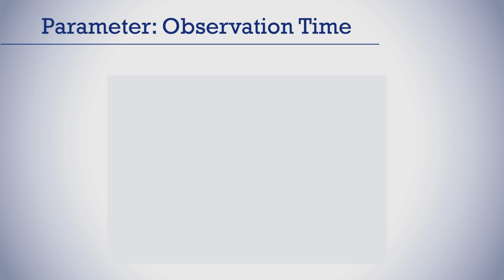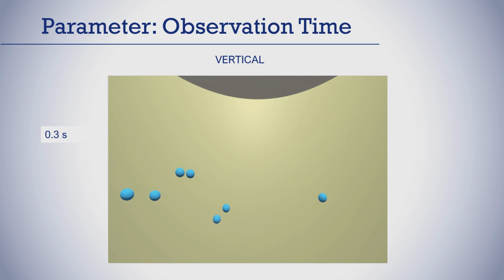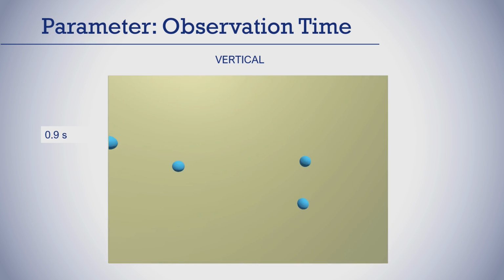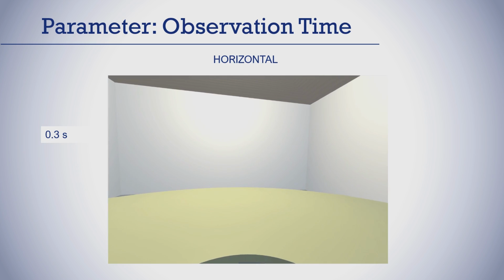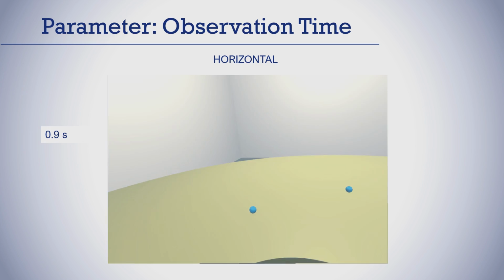They had more time when they had 900 milliseconds to watch the scene, while in the case of 120 degrees of field of view, when they had a short time for observation, they couldn't turn their head, so they just looked in a direction. While when they had more time, they could see the scene at least once. And this is with the vertical and with the horizontal.